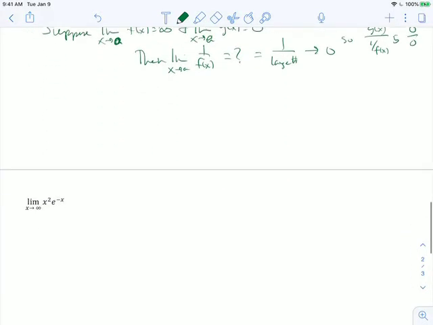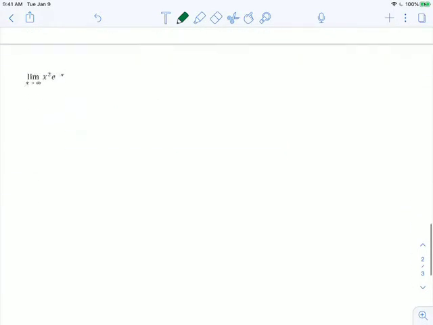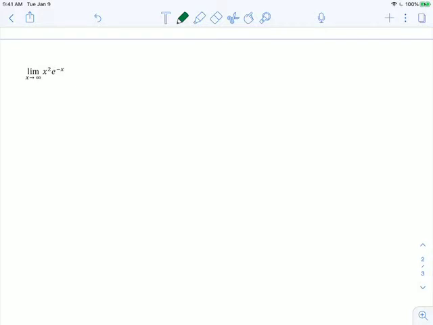Let's look at a couple of examples. Limit as x goes to infinity of x squared times e to the minus x. The limit as x goes to infinity of x squared is plus infinity. The limit as x goes to infinity of e to the minus x: if we raise e to a bigger and bigger negative power, that's getting closer and closer to 0.